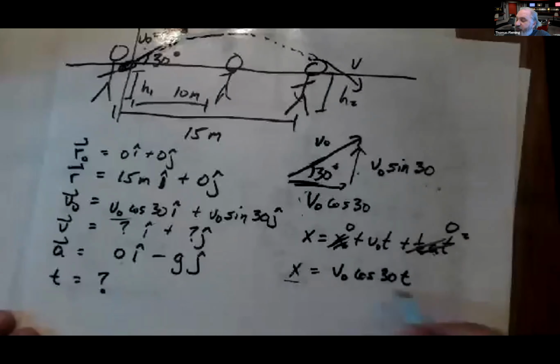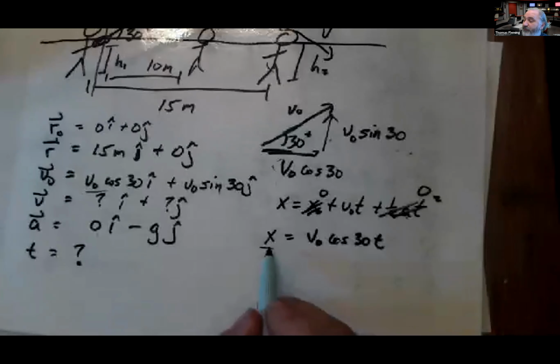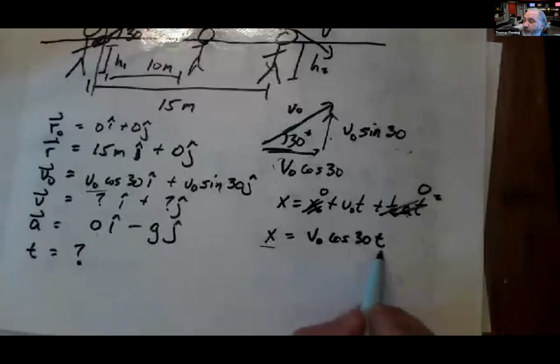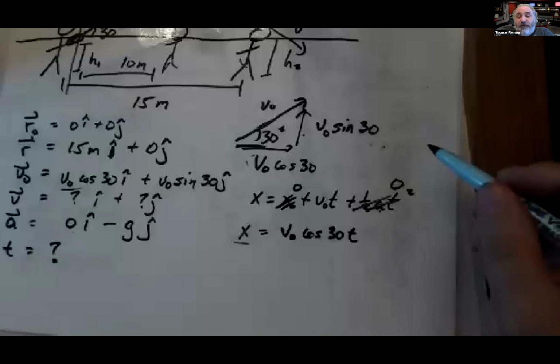So this equation is true in the x direction. I can't get a number for it because I know this is 15, but I don't know this and I don't know this. There's still two unknowns. All right, so I have an equation for the x direction.